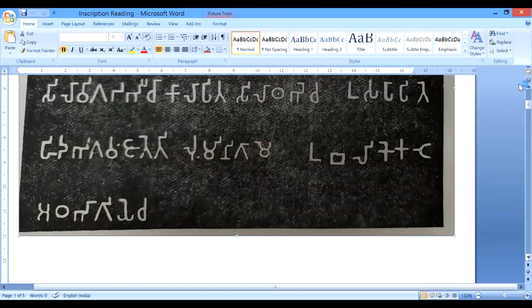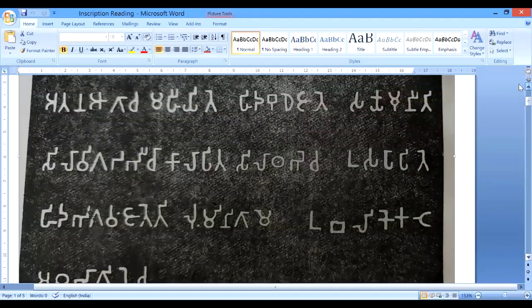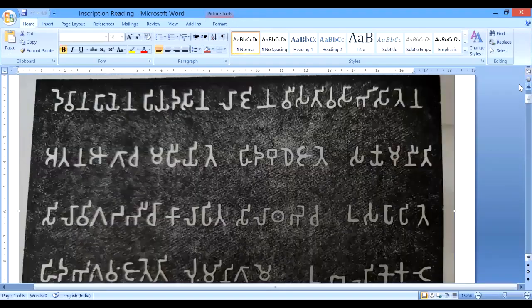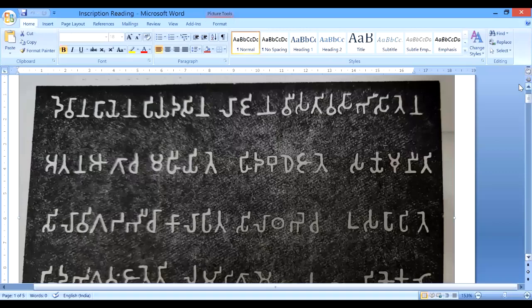Today, again, I'm going to begin with the same inscription so that we can go ahead. So we can see it is the first inscription that we started yesterday.